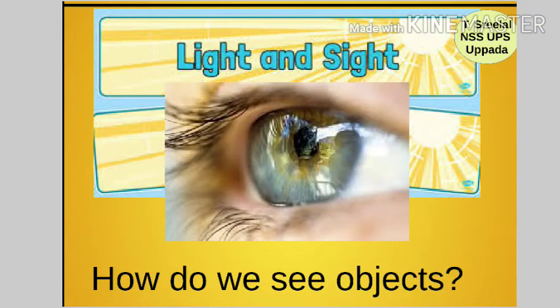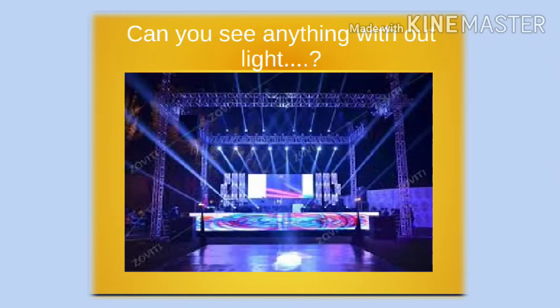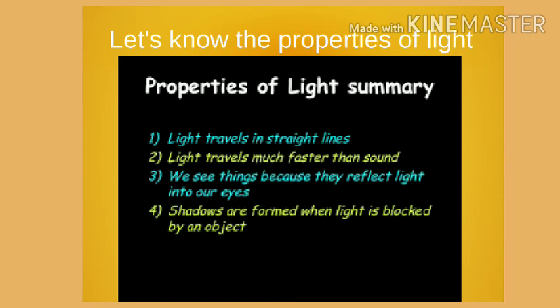Next we can check out how we see objects, that is, light and sight. Can you see anything without light? No. In darkness we are not able to see anything. So light is necessary to see an object. Let's know the properties of light.